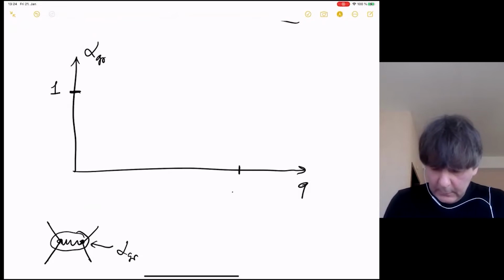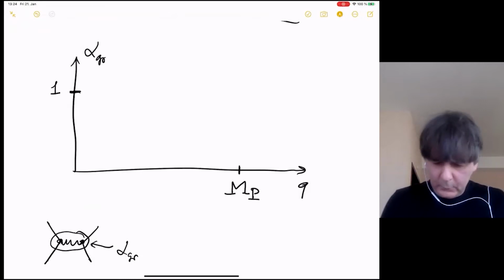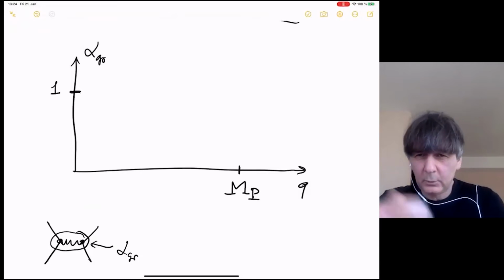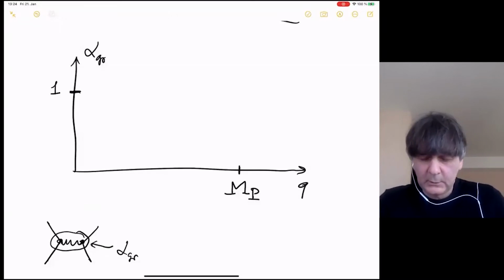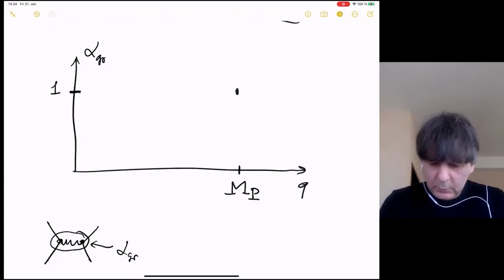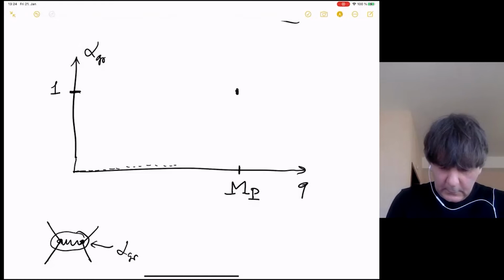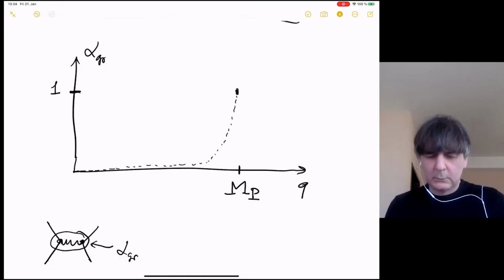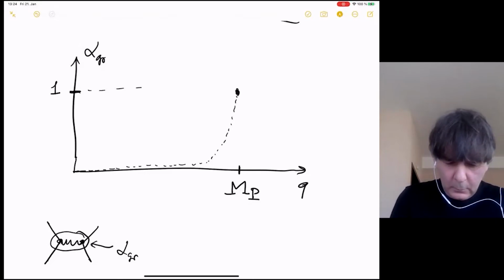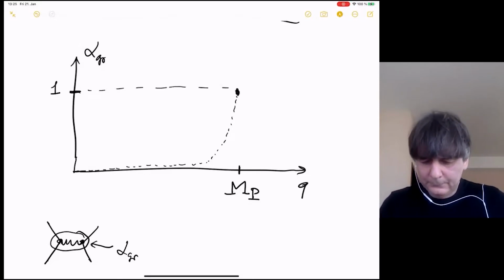And so in Einstein gravity, this happens at the Planck scale, okay? So in pure Einstein gravity, if we don't have other species, we only have a graviton with two polarizations. So gravity would do this, okay? So it increases, pretty quickly, and hits 1, okay?